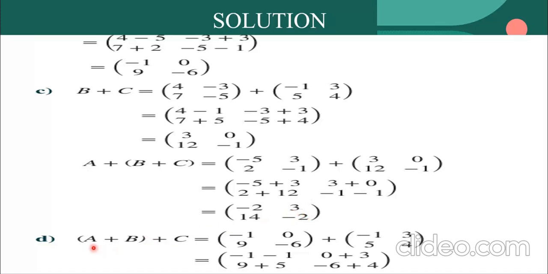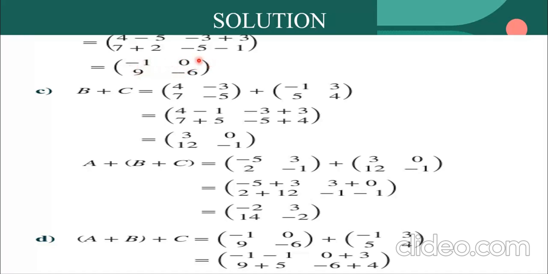Again, we have to add (A plus B), all in brackets, plus C. Remember we've already added A and B, and that's the result here.